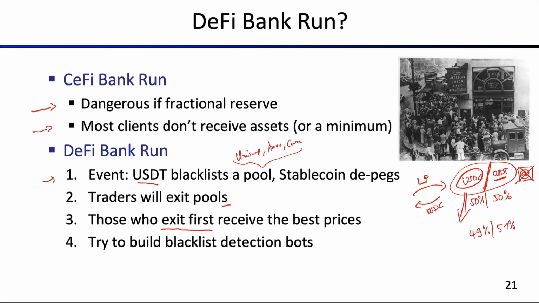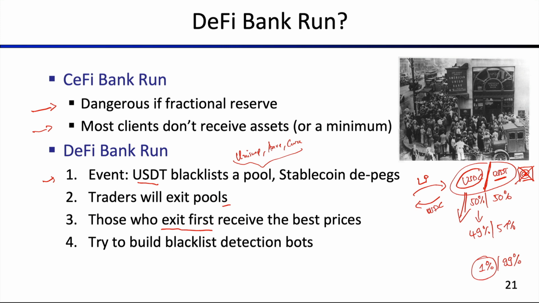Now, if you simply move the pool from this state to this state, then you will likely get a very good price for your USDC. So probably 1-to-1. However, if you're the last one to exit the pool, so if there's only 1% USDC left and there are only 99% USDT left in the pool, then the slippage formula of this pool will make it extremely expensive to retrieve the remaining 1% from the pool.